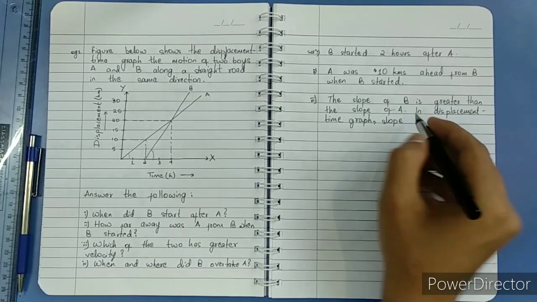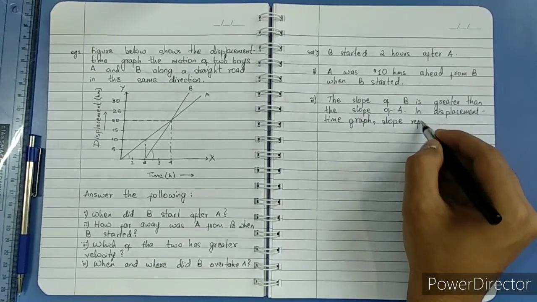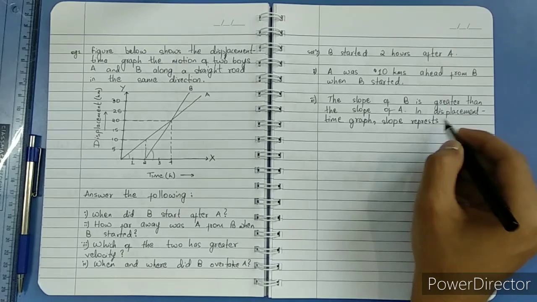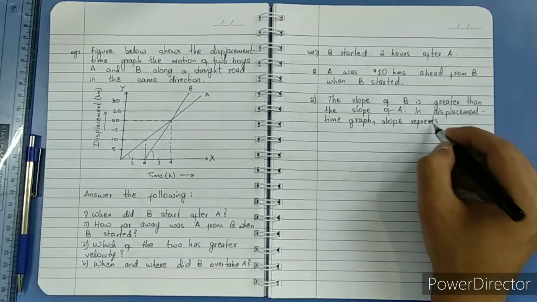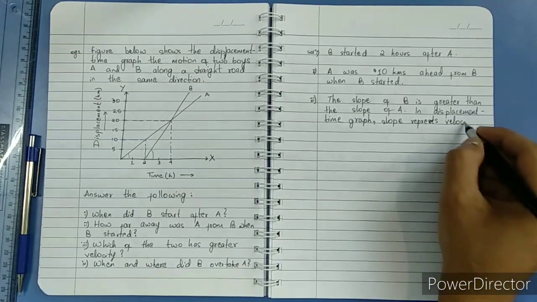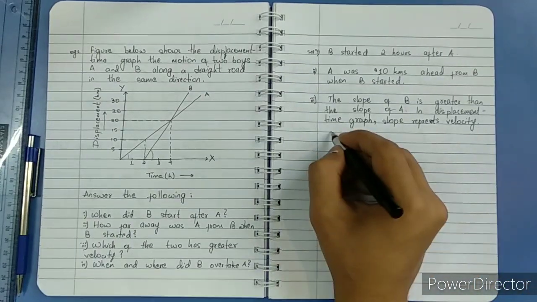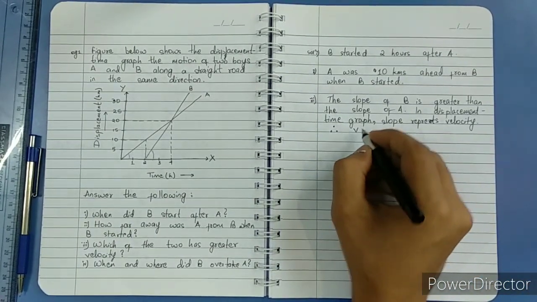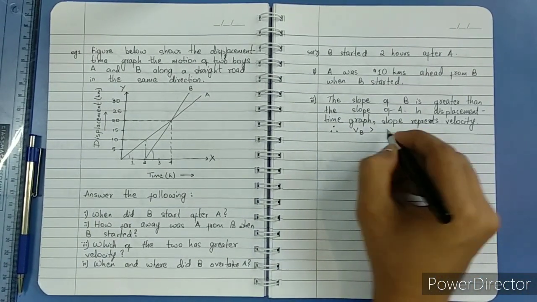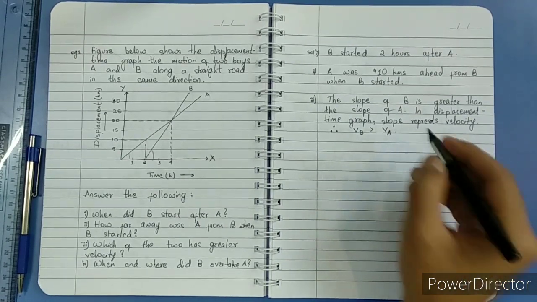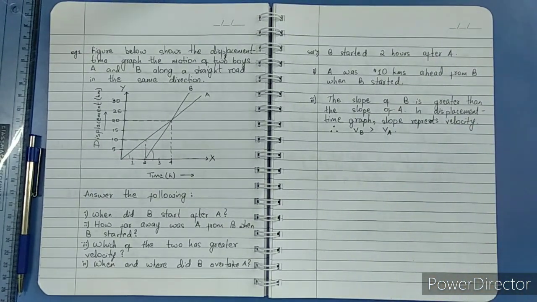Slope represents velocity. Therefore, velocity of B is greater than velocity of A, since the slope of B is greater than the slope of A.